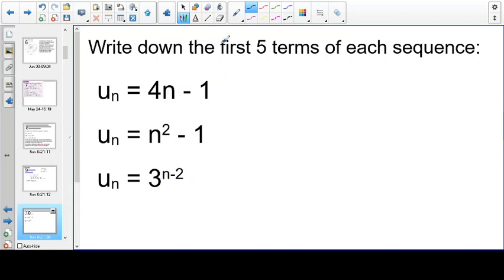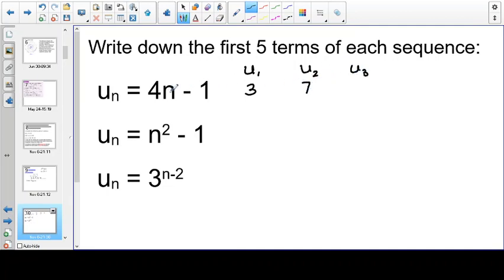To work out what the first 5 terms are for each sequence, we're going to work out U1. U1 is when n is 1, so that's going to be 3. U2 is when n is 2, so that's going to be 7.